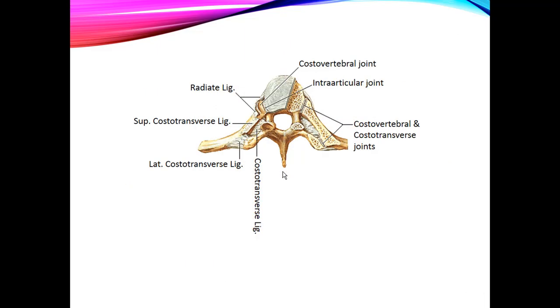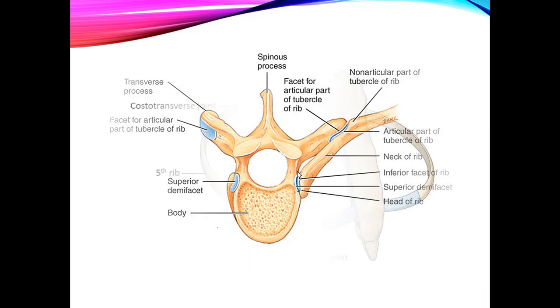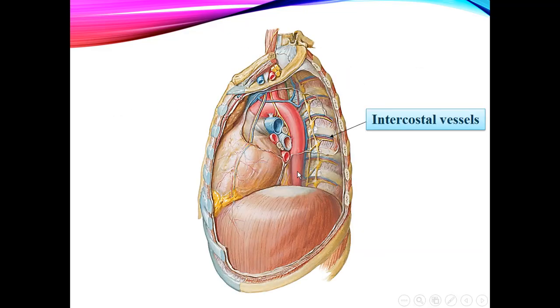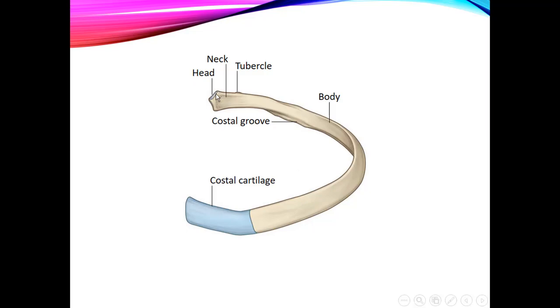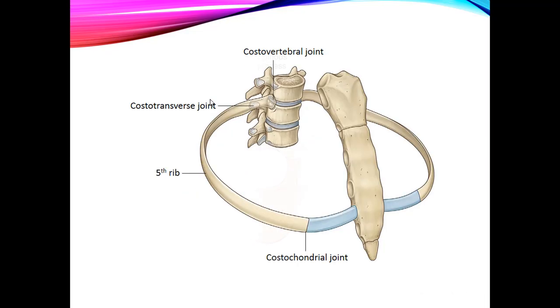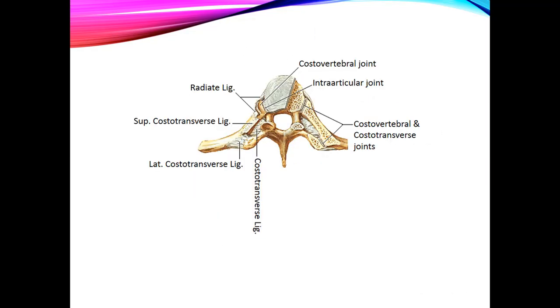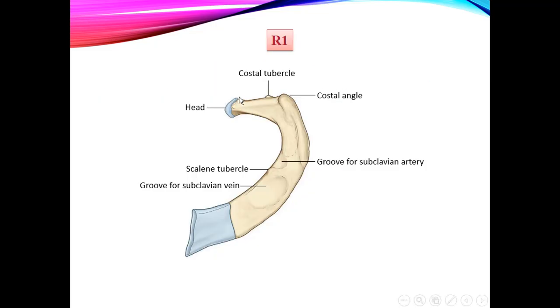The head of the typical ribs has two articular surfaces separated by a crest, whereas here the first rib has just a single articular surface to articulate with T1.